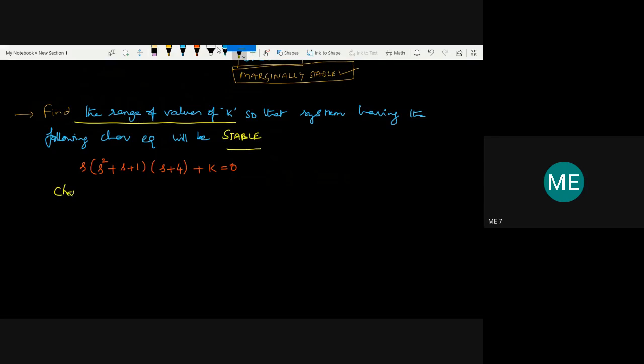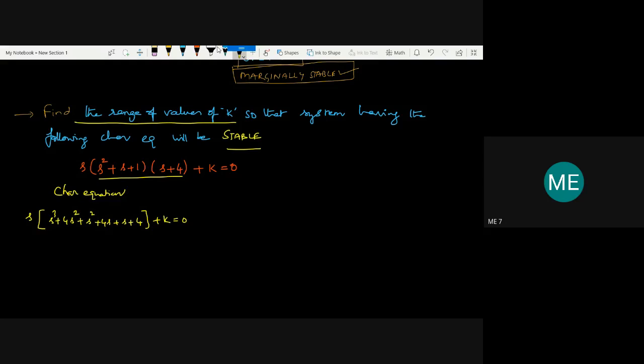First, we'll multiply the inside terms, these two terms. So s cube plus 4s square plus s square plus 4s, then plus s plus 4, and then plus k equal to 0.